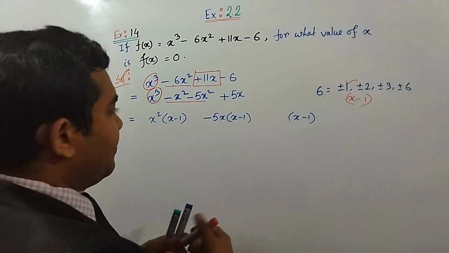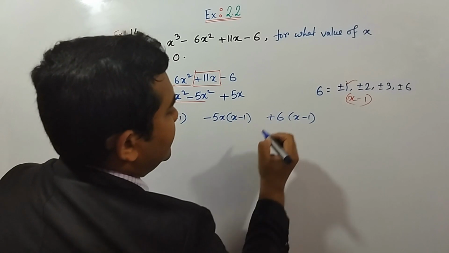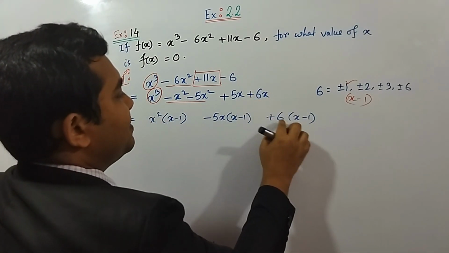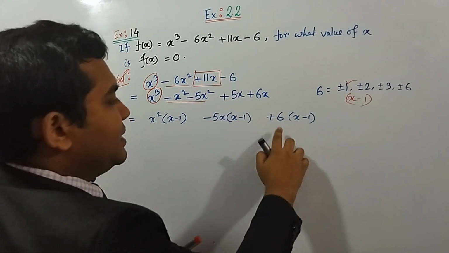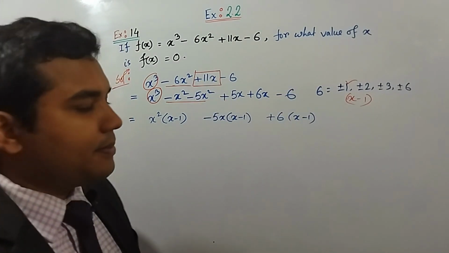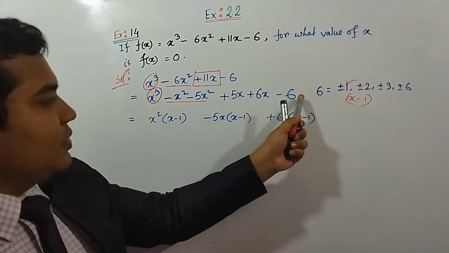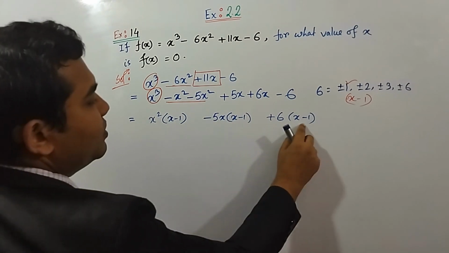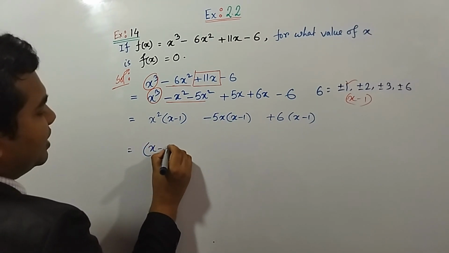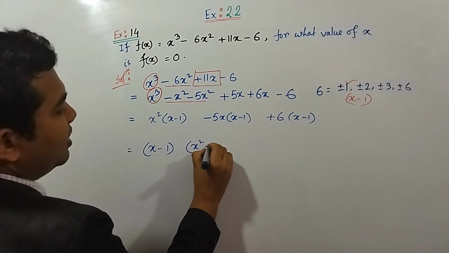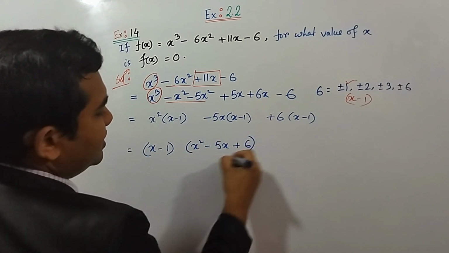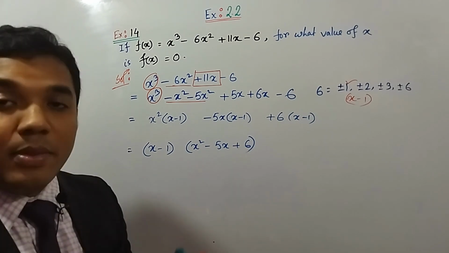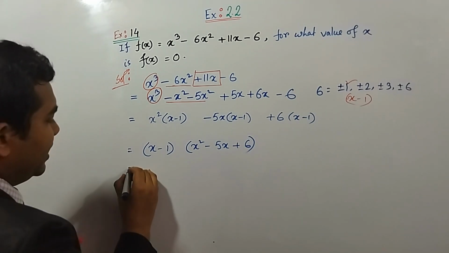We need only plus 6, because 6 into x is 6x, and 6x plus 5x is 11x, and 6 into minus 1 is minus 6, and it is also matched. So all is clear. Now we can take x minus 1 as common, and here x squared minus 5x plus 6. We already know how to solve these types of problems with the middle factor. Okay, going for it.